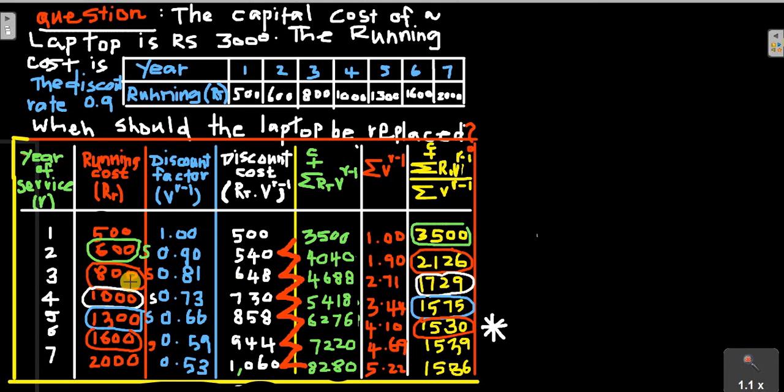The third year running cost is less than the second year average cost.